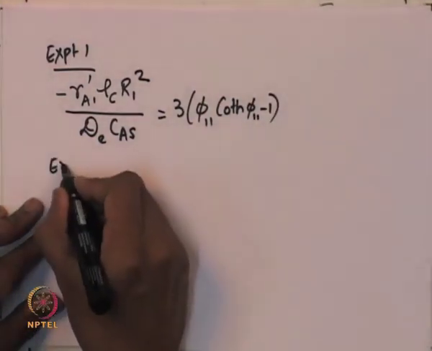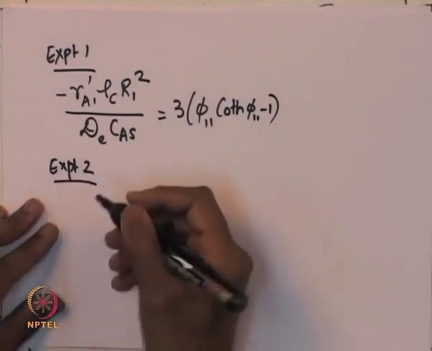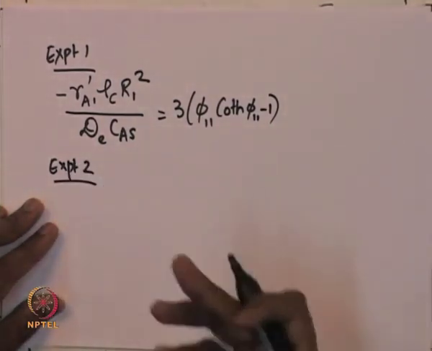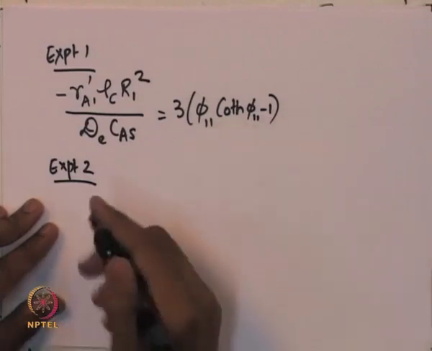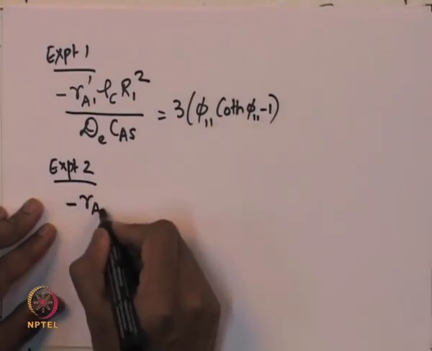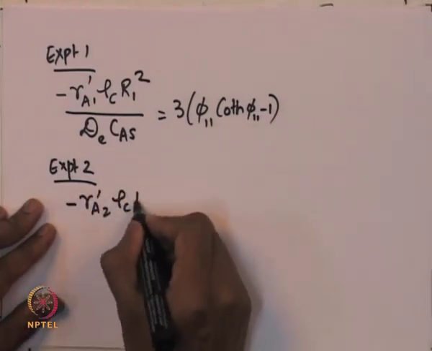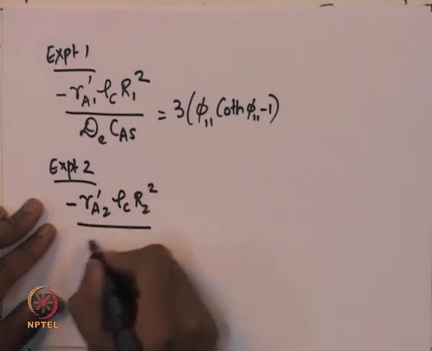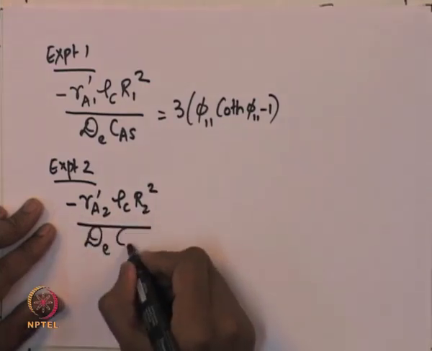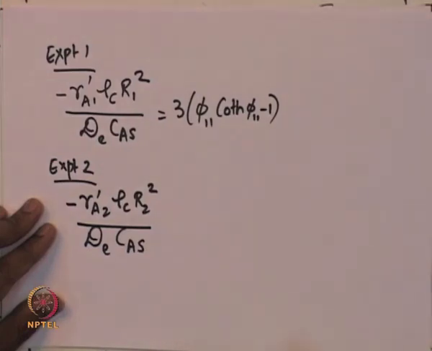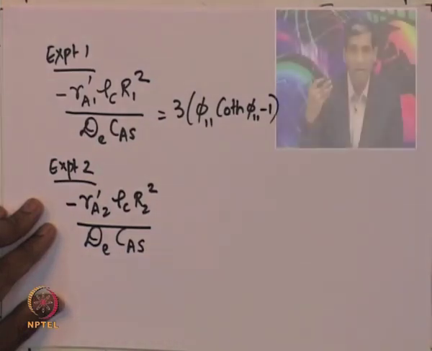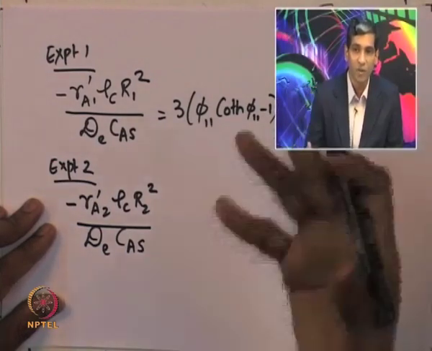And similarly, for experiment 2, for the other radius of the pellet for which the experimental data is available, there will be minus R A 2 into rho c into R 2 square divided by the diffusivity multiplied by the corresponding surface concentration. Remember that the experiment was conducted exactly under the same conditions.